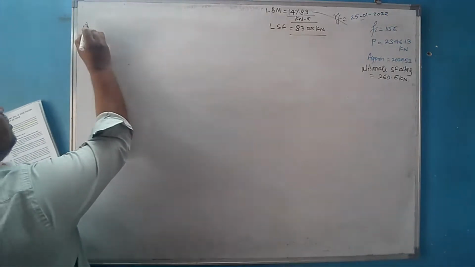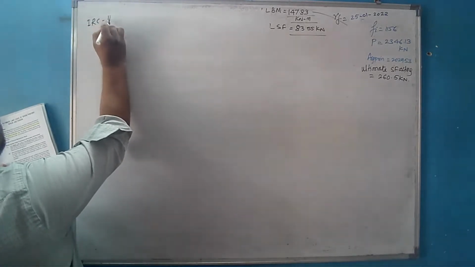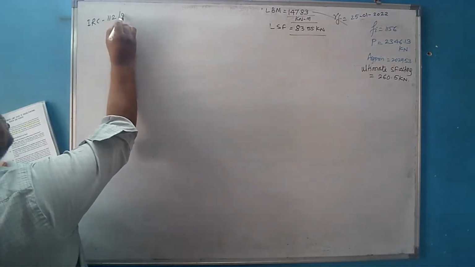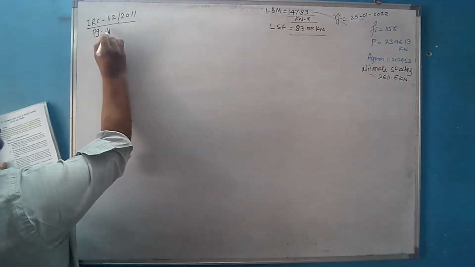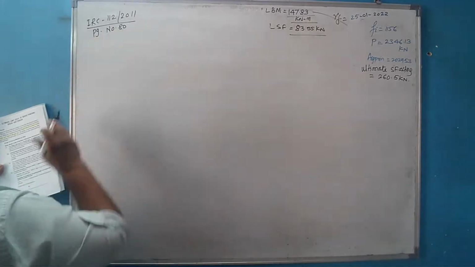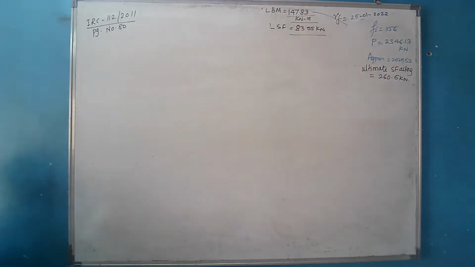See, this is the IRC 112. The year of publication is 2011. We are talking about the page number 80. What is it? Ultimate limit state of shear, punching shear and torsion.